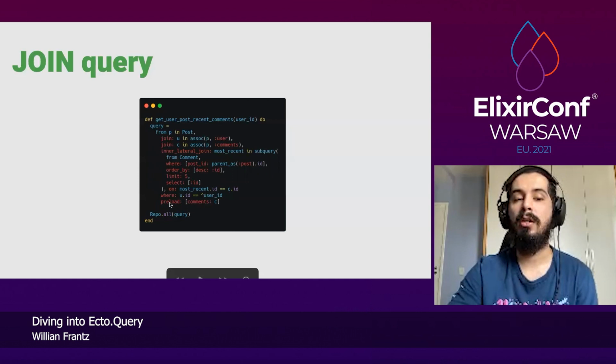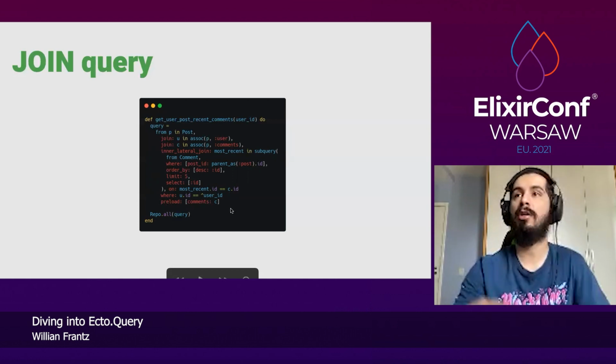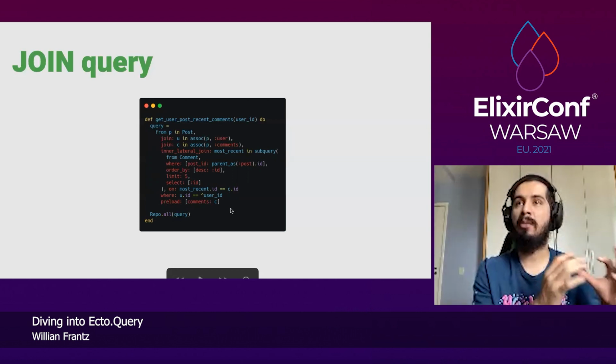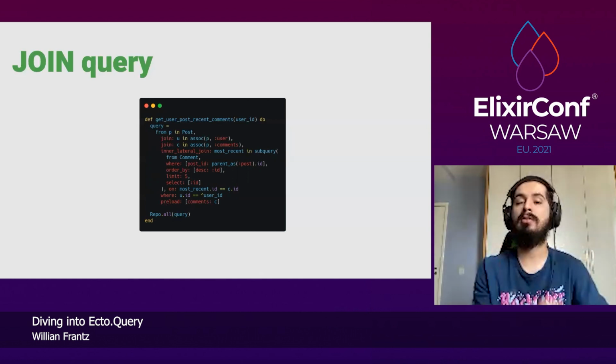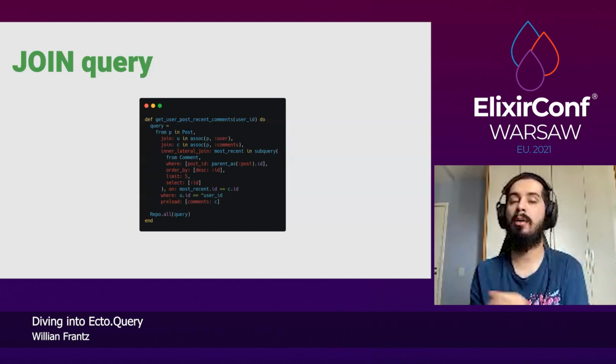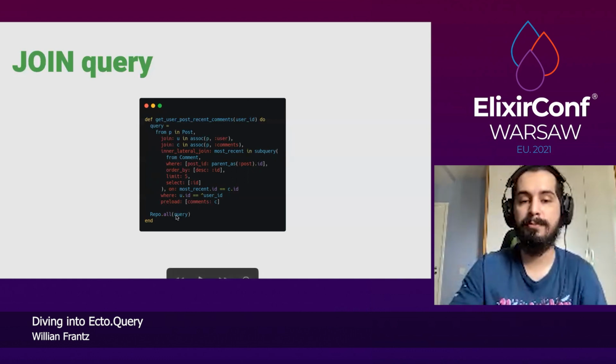And now we are applying the where filter. So the user must be the user passed into the arguments. And we are preloading the comments. So we are grabbing the 5 recent comments, and we are applying those comments to each of the posts that we brought from the database.